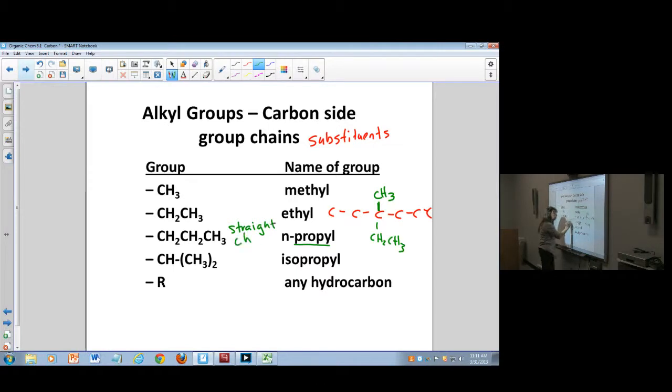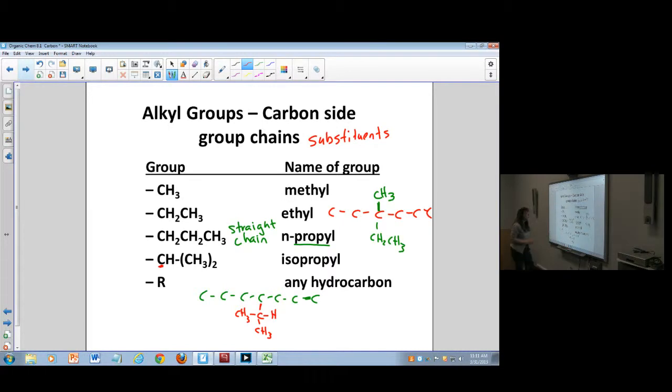Straight chain. Isopropyl is a little weirder. Isopropyl, we've got some long chain. It goes on and on forever and ever. All I want to do is look at the substituent here. So coming off this chain is the carbon, this carbon right here, and then that is bonded to CH3, CH3, and 1 hydrogen.